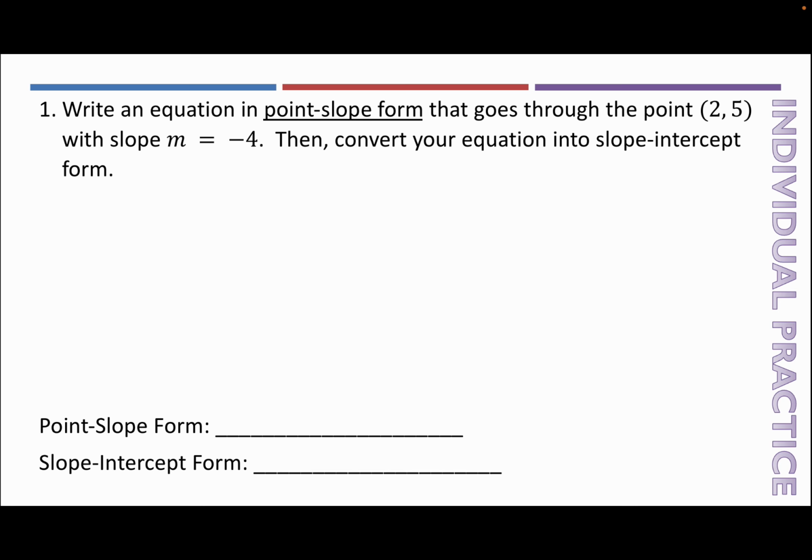Read the directions carefully. You're writing an equation in point slope form. Remember, that's y minus y1 equals m times x minus x1 that goes through that point and has that slope. And then you're converting it into slope intercept form, y equals mx plus b. So pause the video, try this problem, and then I'll show you the answers.